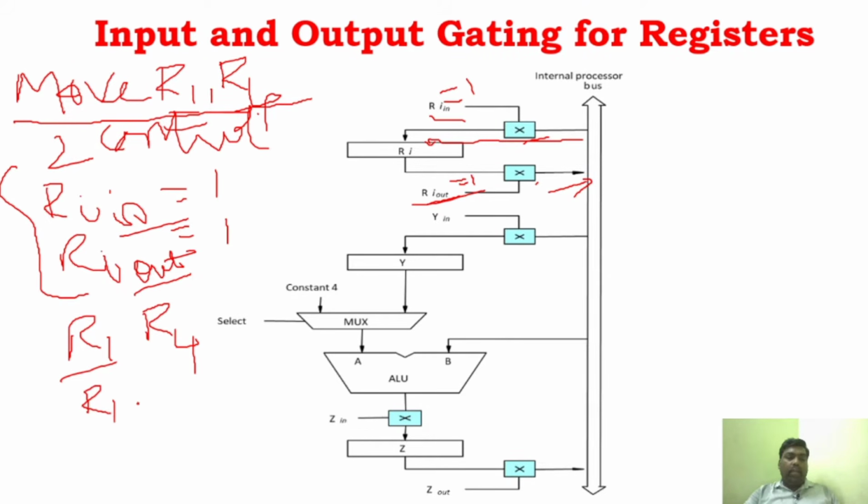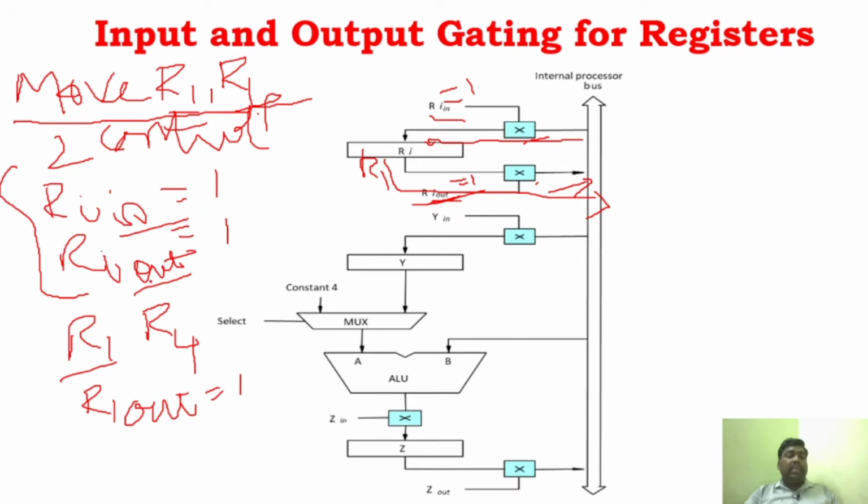If R1 out is 1, the content in the register will be transferred to the internal bus. The information is now on the internal bus.